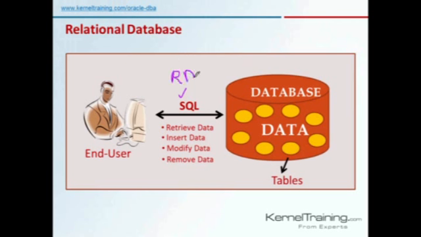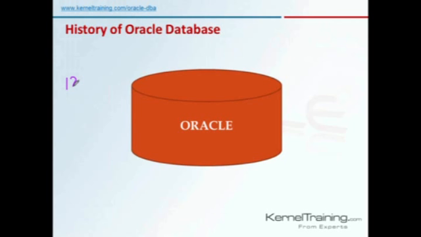So let's go into history of your Oracle database, like how and when actually your Oracle database came into picture and what version of Oracle we are using right now. Okay, right now you got an Oracle version of 12c. Okay, 12c actually came into picture in 2013.